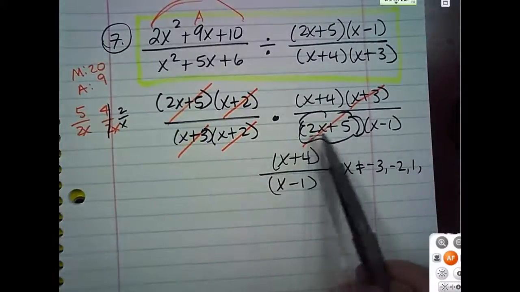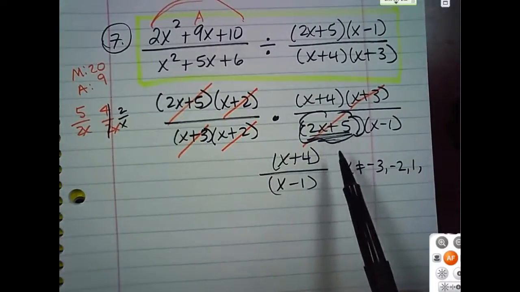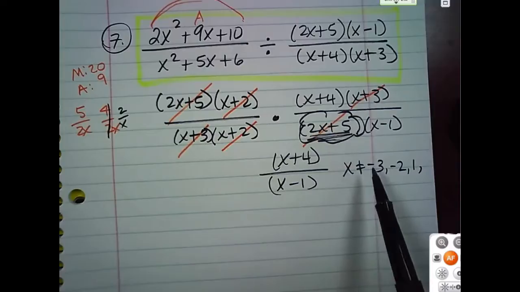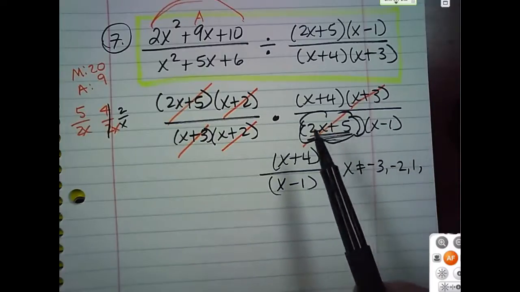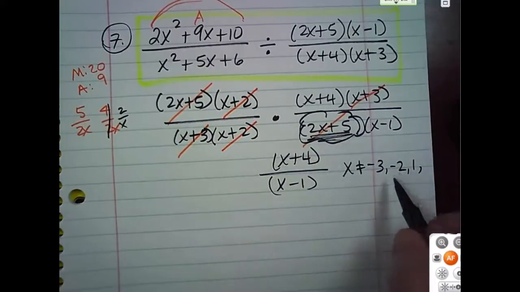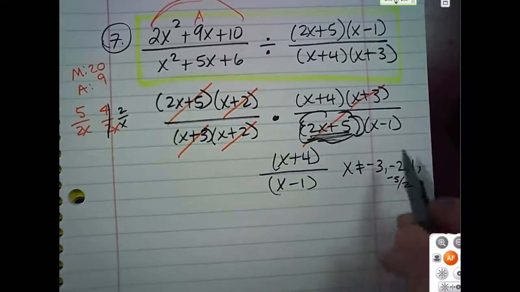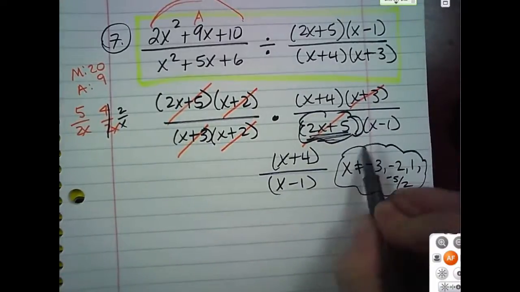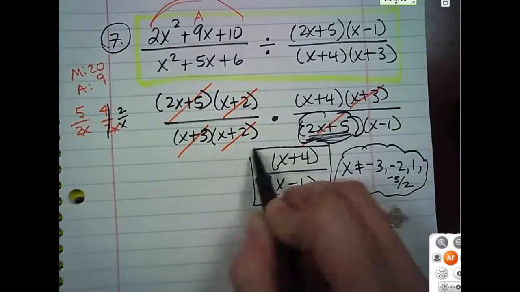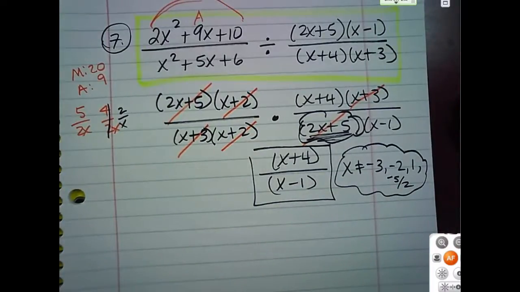What's my restriction right here? Move the 5 over, so negative 5 divided by 2, negative 5 halves. Okay?